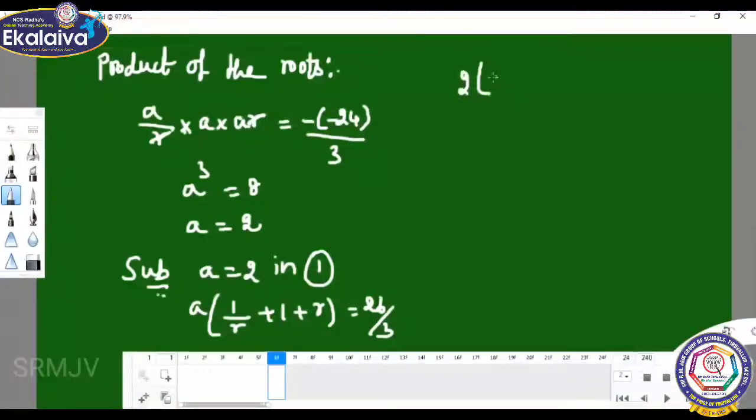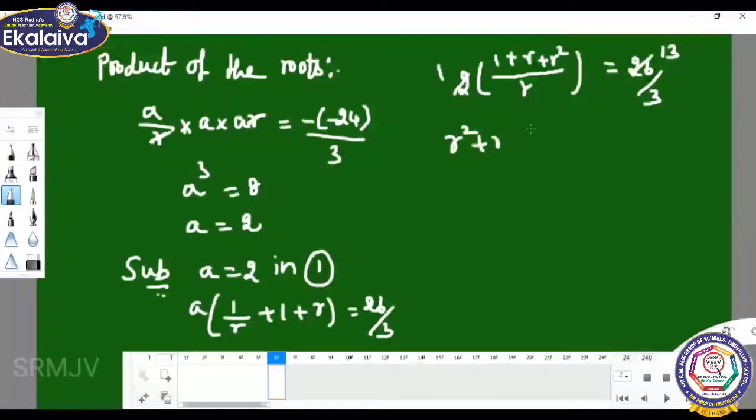Taking the LCM as r, 2 into 1 plus r plus r square by r equals 26 by 3. Two ones are 2, two 13s are 26, so r square plus r plus 1 equals 13 r by 3.